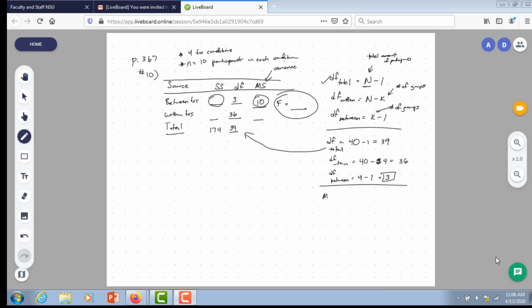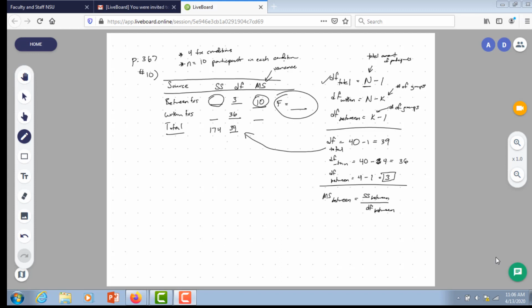The mean squares for between, let's look at that formula. The mean squares for between formula is the sum of squares between divided by the degree of freedom between.